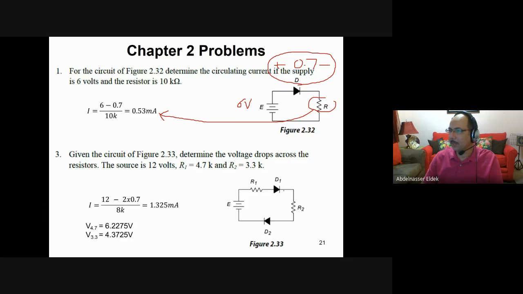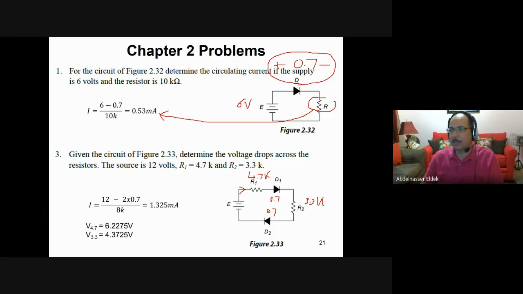For the second one, this resistor here is 3.3K and this one is 4.7K, and I want to calculate the current. Both diodes here are forward biased, so this one has 0.7 volt, and this one has 0.7 volt.